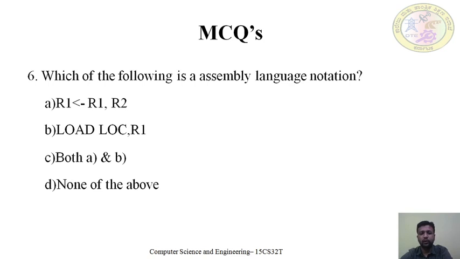B, load LOC comma R1, yes, it is an assembly language. Then C, both A and B: since A is wrong, C is also wrong. D, none of the above, no, we have option B. So load LOC comma R1 is an assembly language notation. The answer for this is B.